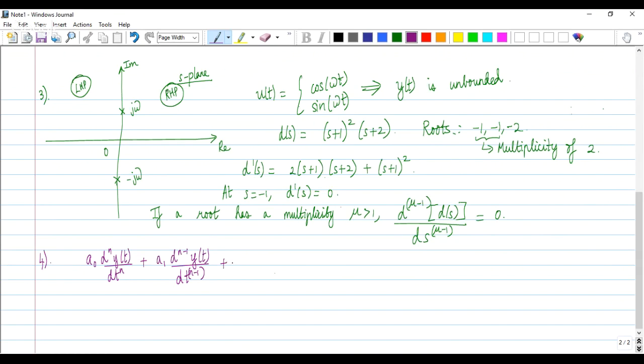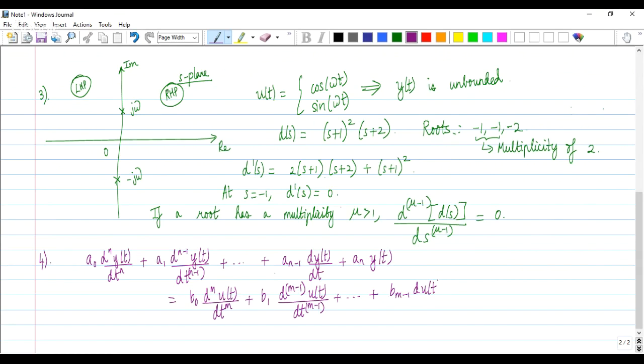If you have an nth order system, the governing ODE that we consider was of this form. You have all terms relating the output on one side and all terms relating the input on another side. Let me complete writing this.